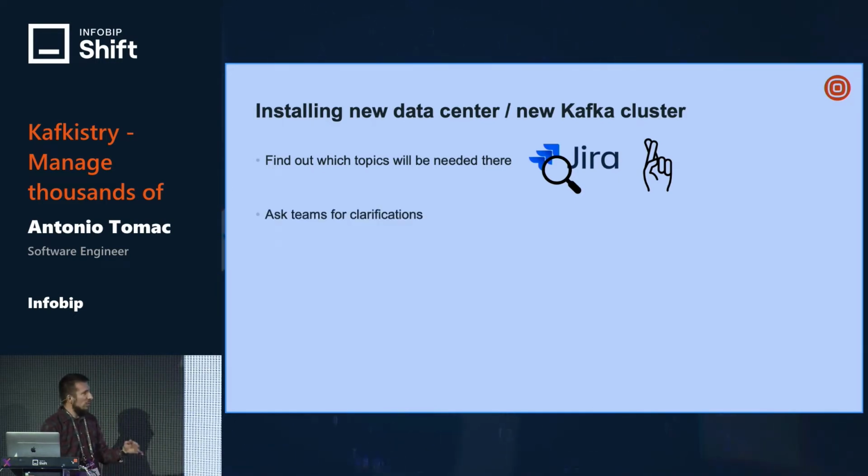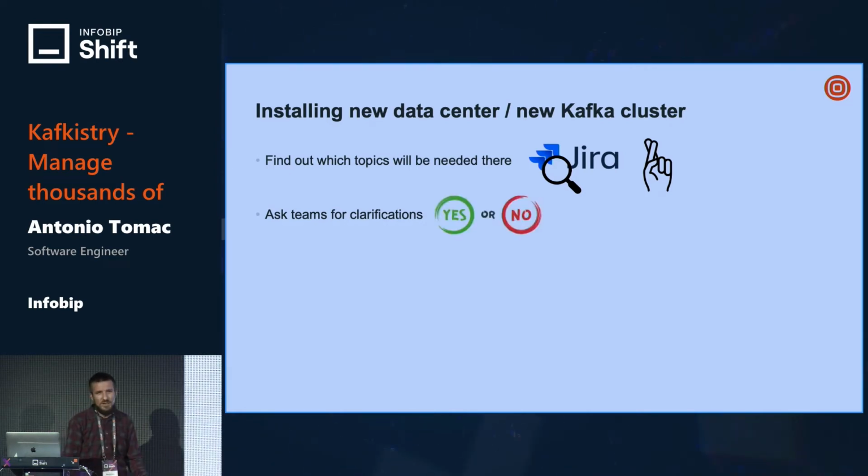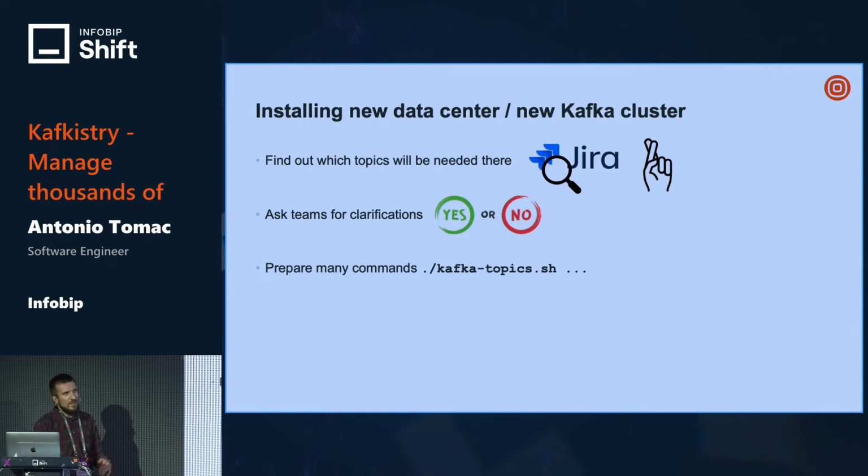And after we would find some set of tasks, we would still need to ask other teams for clarifications. Do you need this topic or not? Are the previously expressed expectations correct or not? And only then we would be able to actually create a big script to create everything, adjust all config values manually and execute it.